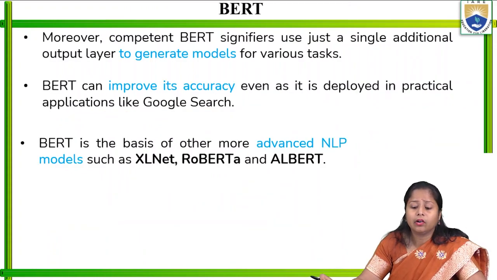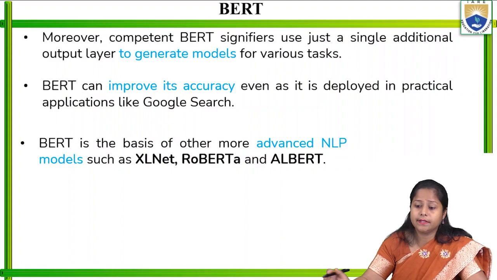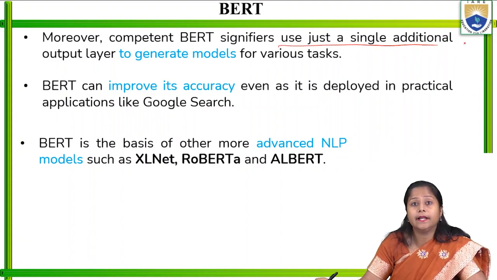Moreover, the pre-trained BERT model uses a single additional output layer to create models for various other tasks. BERT keeps improving its accuracy even when deployed in practical applications like Google Search. Basically, when we do a Google search, it gives different search results according to their importance, their rating, their range.